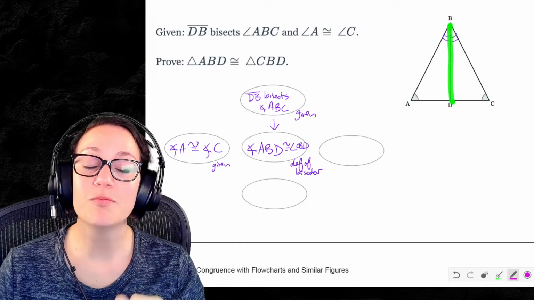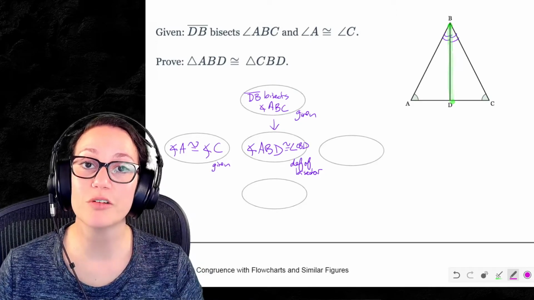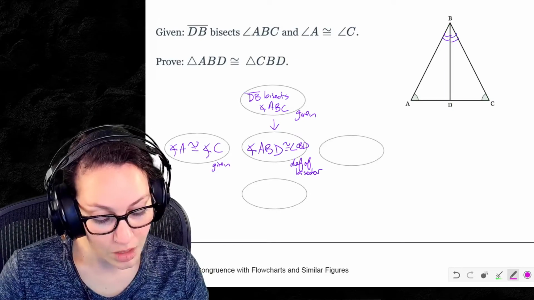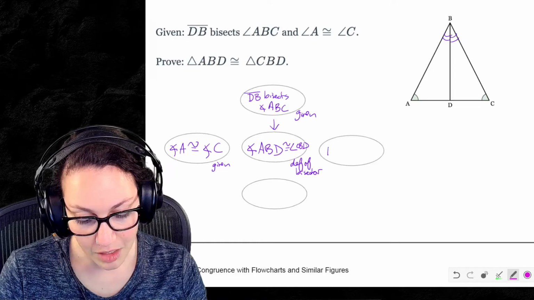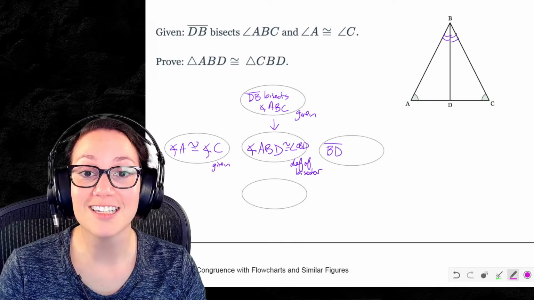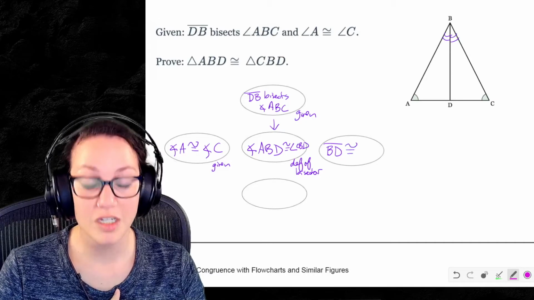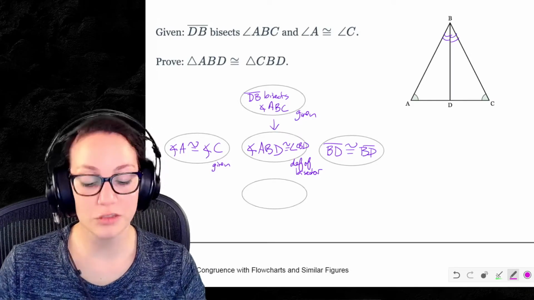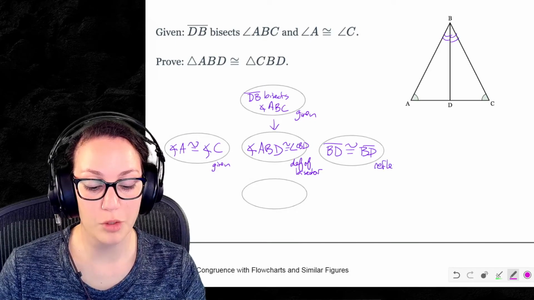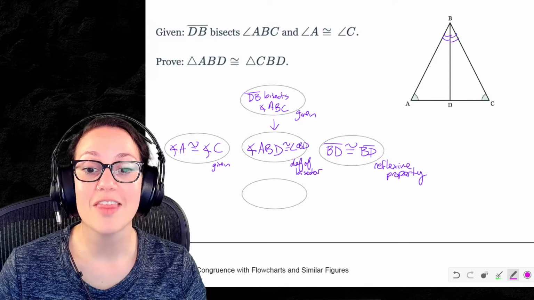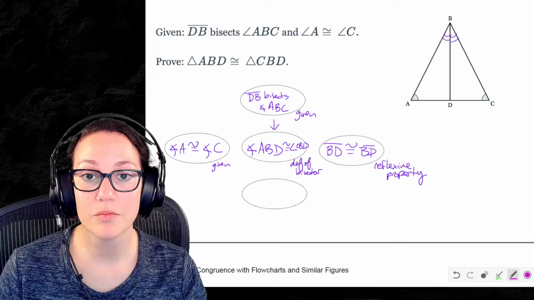It's still part of both triangles, so we can still use our reflexive property to say that it's congruent to itself. All right, so we're going to say line BD is congruent to line BD. And again, the reason for that is the reflexive property. Whenever you say that something is congruent to itself, that's the reflexive property.